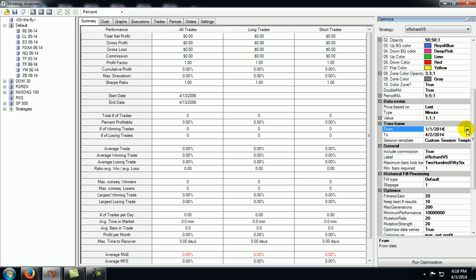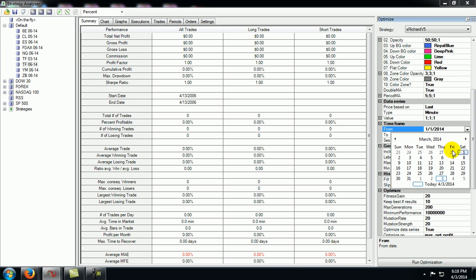So like say here, we're on this week, I would have tested from the 17th through the 28th, and then I would have used the optimization numbers that I had acquired from the test run for the 31st to the 4th.